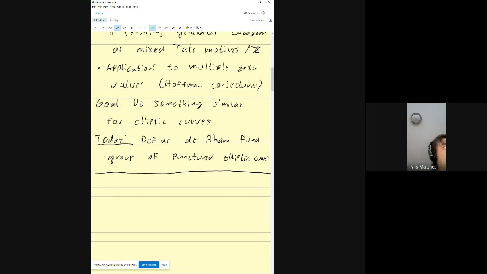All right, so that was the introduction. Now, as I promised, I should tell you something about the de Rham fundamental group of the projective line minus 3 points to get us started. I should tell you what it is.